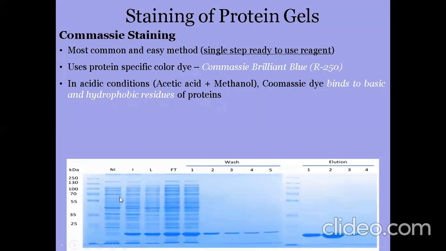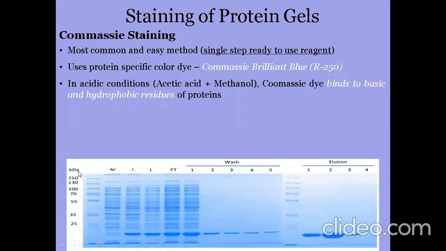Where there are hydrophobic residues in the proteins, it will bind there. Where there are basic residues in the protein, it will bind there, and we will get these types of binding patterns. These are the protein patterns present in the gel, and we will visualize the presence of the protein in the gel at specific sizes.